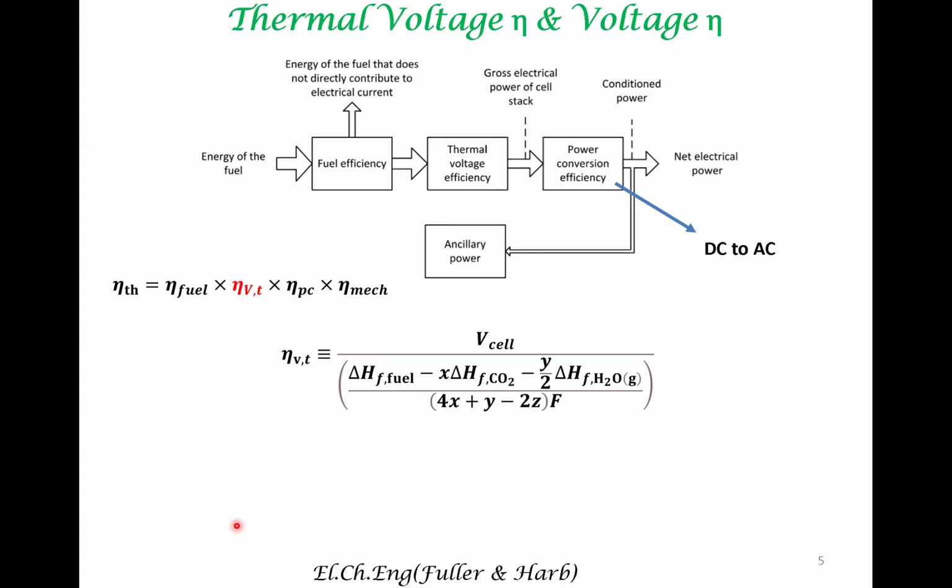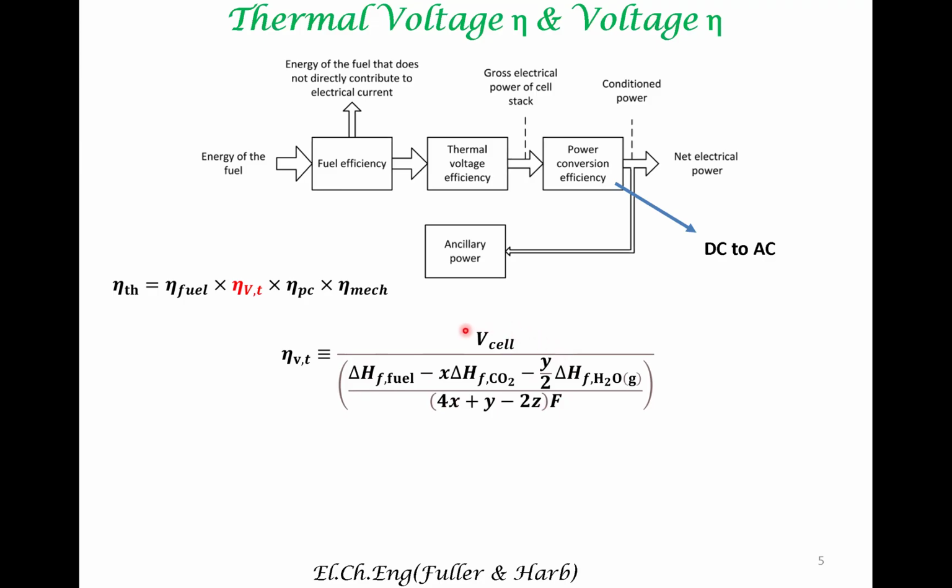Then you have what is called the thermal voltage efficiency indicated here, and we will clarify this term soon. So the thermal voltage efficiency is defined in this manner. So you can think through this formula in the following manner.